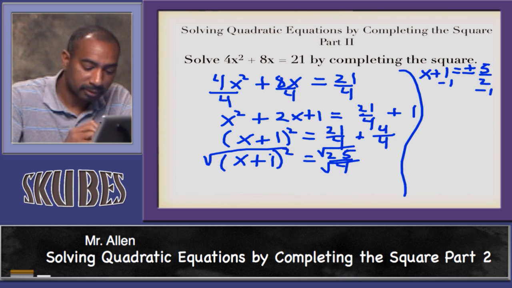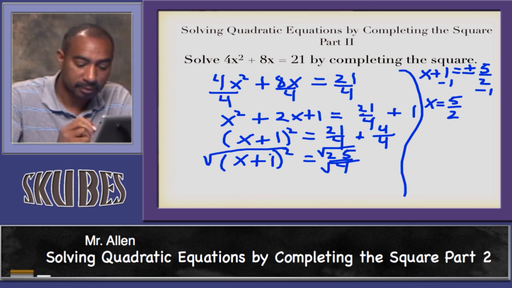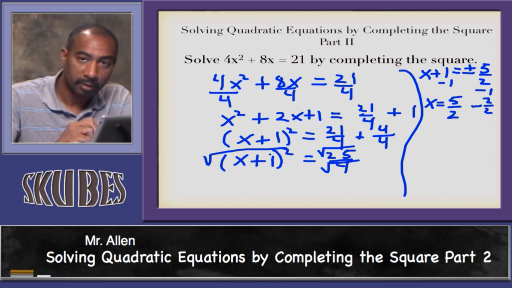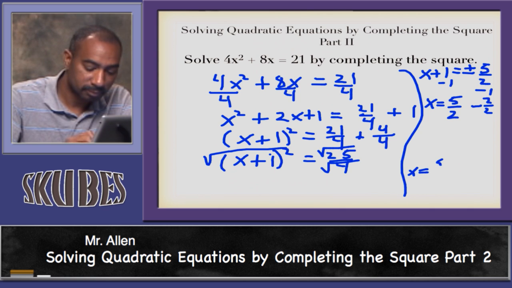So what I'll get is x equals 5 halves minus 1. And I can express 1 as 2 over 2. 5 minus 2 is just 3. So part of your answer is going to be 3 halves.